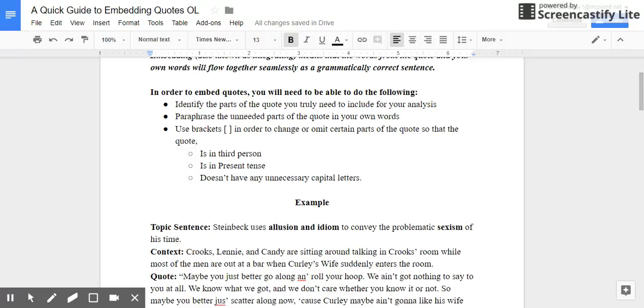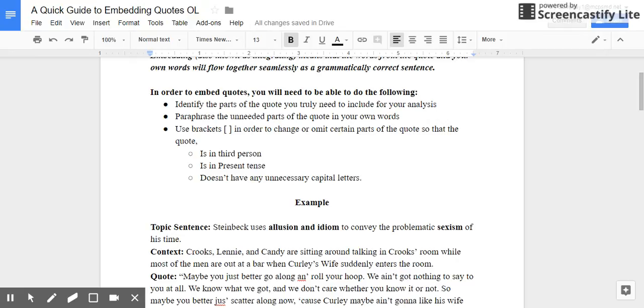And since you are writing in third person and present tense, you might have to change parts of the quote so that the quote is in third person and present tense. And you also might need to eliminate awkward capital letters if there's just kind of a random capital letter somewhere.